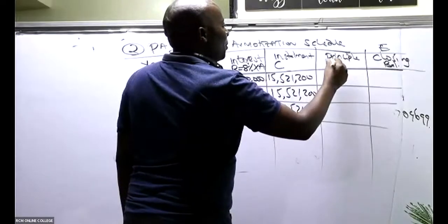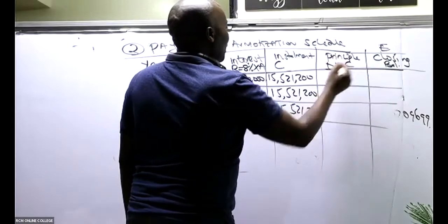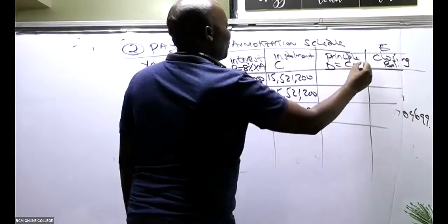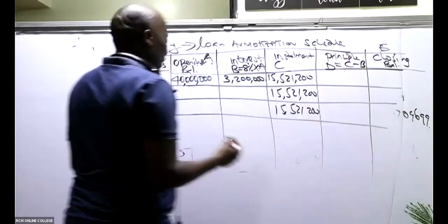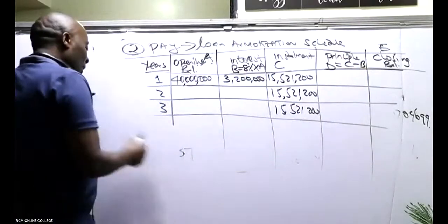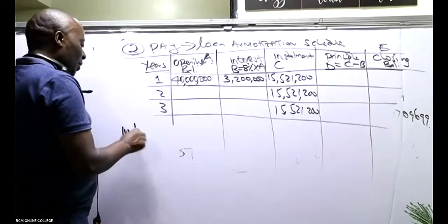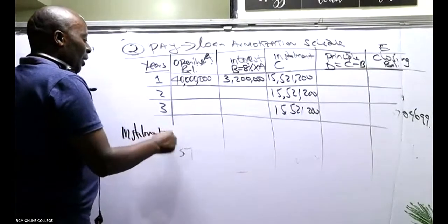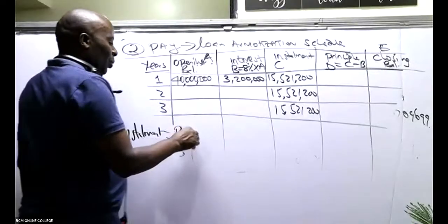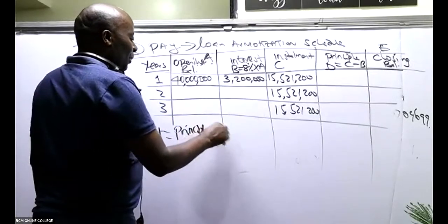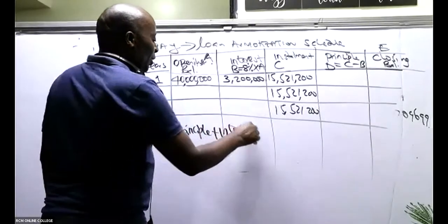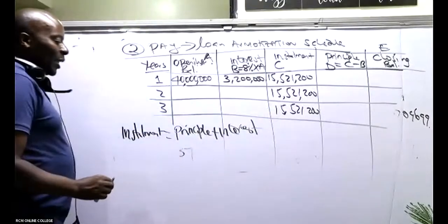What I will do to get principal, I will take C minus B. Whenever we pay any installment, it will be equal to the principal plus the interest.